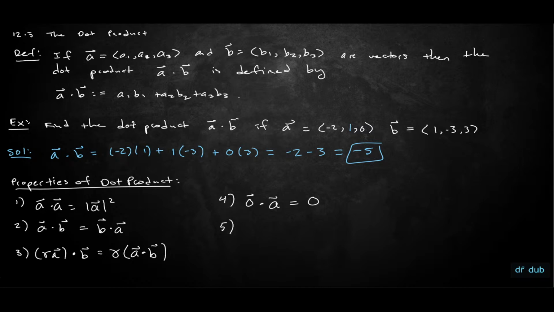And then number 5, A dotted with vector B plus vector C is equal to A dot B plus A dot C. So the dot product distributes over vector addition. It's kind of like a vector multiplication, but it just produces a scalar, a number. So sometimes we call it the scalar product or the inner product, but it just produces a number if you have 2 vectors.